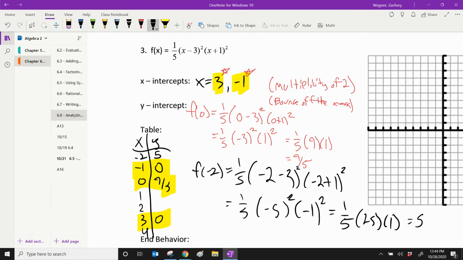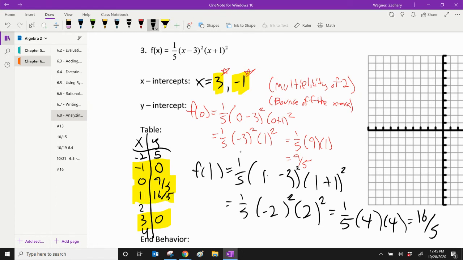Same thing we're going to do, but at 1. F at 1. One minus 3 is negative 2. 1 plus 1 is 2. Negative 2 squared is 4. 2 squared is 4. 4 times 4 divided by 5 is 16/5, which is just over 3.